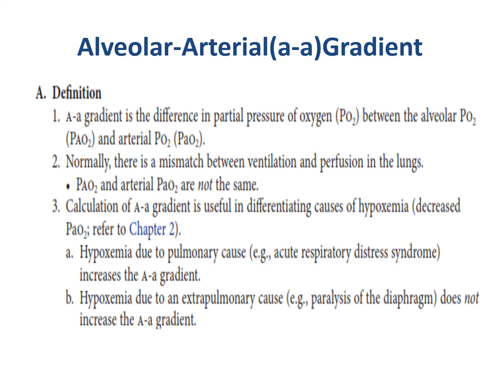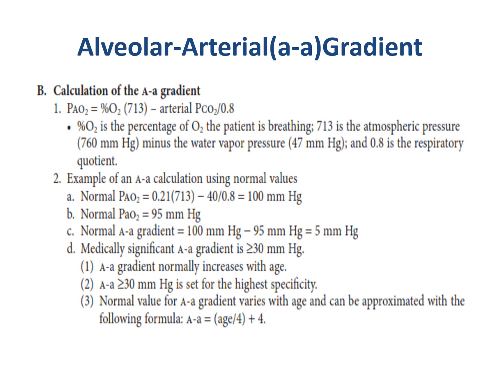Decreased PaO2 is referred to as hypoxemia. Hypoxemia due to a pulmonary cause, for example, acute respiratory distress syndrome, increases the alveolar-arterial gradient. Hypoxemia due to an extrapulmonary cause, for example, paralysis of the diaphragm, does not increase the AA gradient.